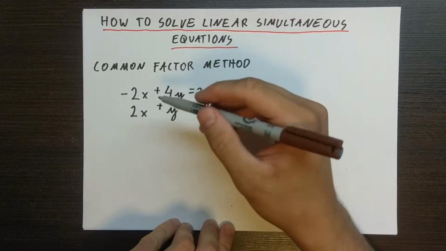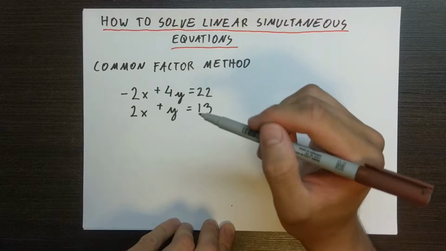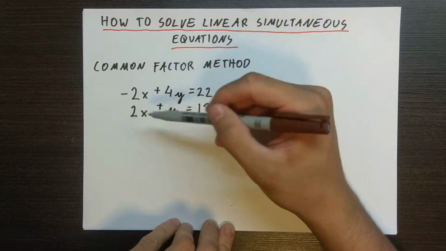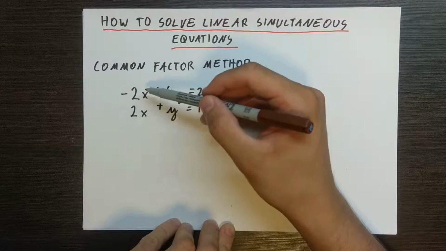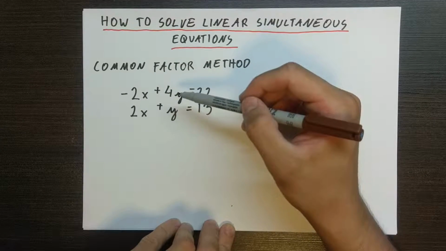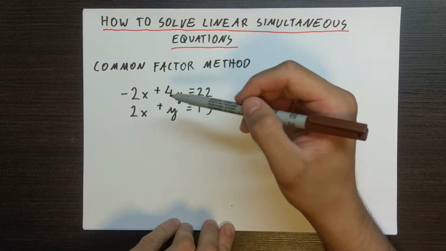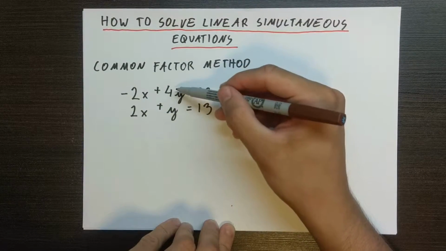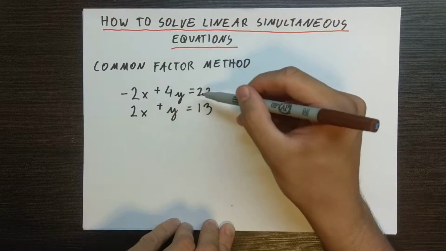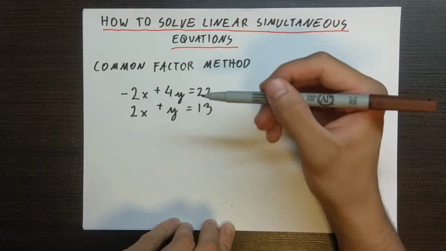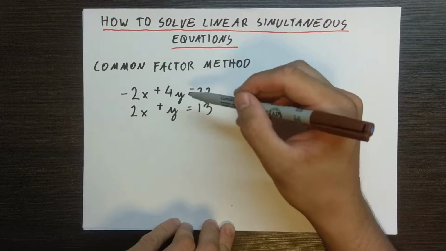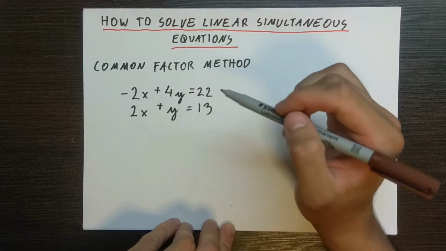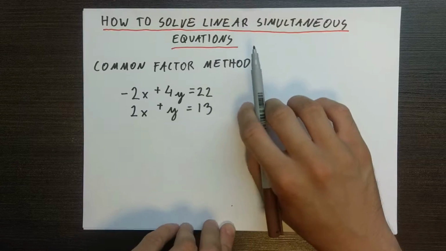How do we get a solution for x, and how do we get a solution for y? Well, what we will be trying to do is to eliminate either x or y, and in that way, by eliminating one of those terms, we'll be left with only one of those terms and the number on the other side, which will easily allow us to work out what that term is. So let's get started. I will show you exactly how to do it.